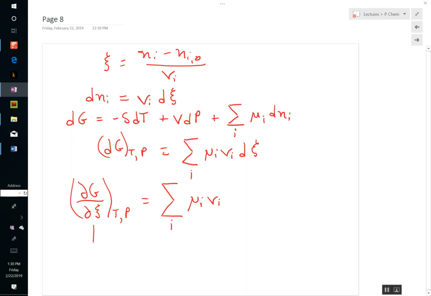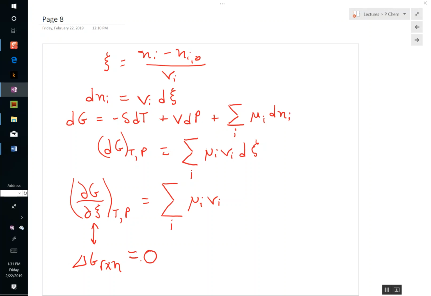And this now is becoming really your delta G of reaction. At any particular extent of the reaction, you're looking at the change in the free energy of that reaction at that point in time. And for equilibrium, the change in the free energy of the reaction is zero.